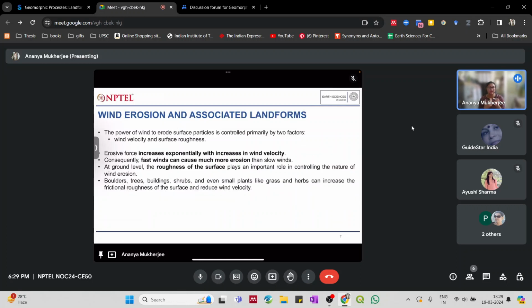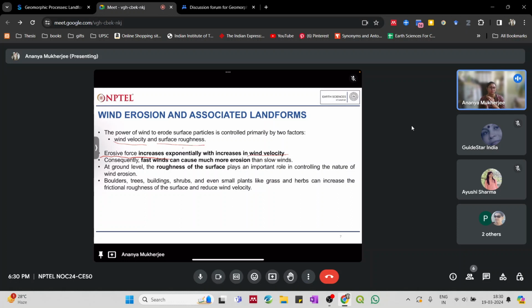So as we said, since wind can erode at a very high rate, the two primary factors are the wind velocity and the surface roughness. If the wind velocity increases, your erosive force will also increase.